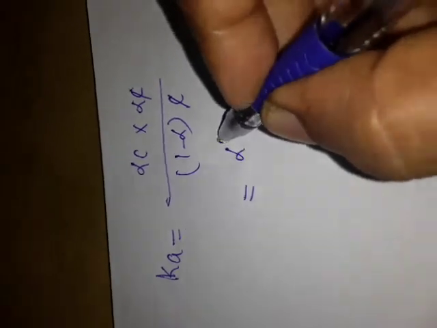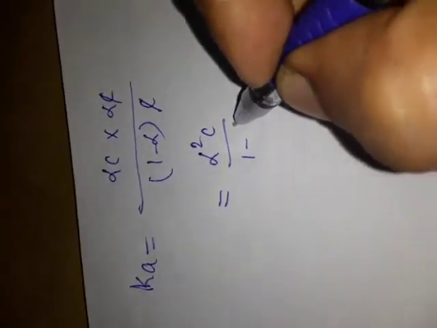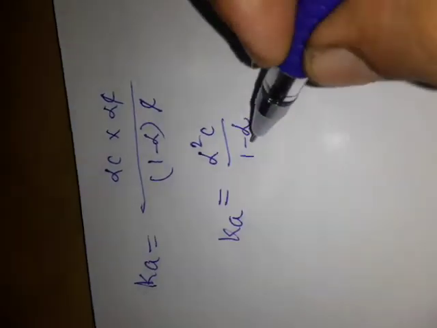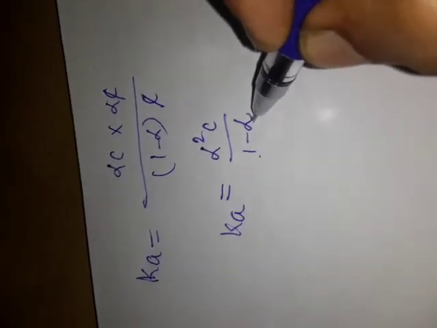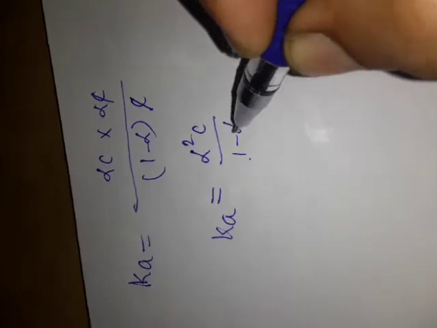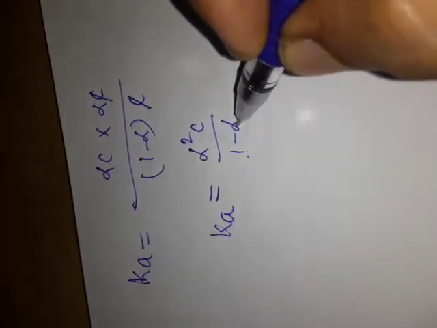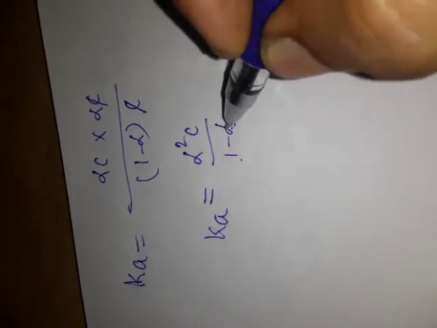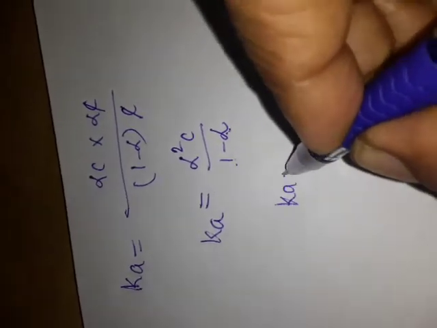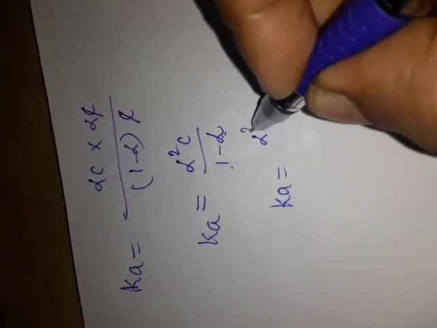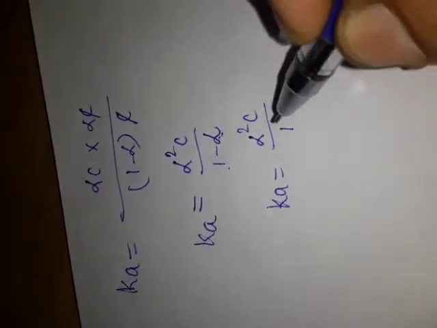Therefore Ka is alpha square C by 1 minus alpha. Compared to 1, alpha is so small, hence in the denominator we can write Ka is equal to alpha square C by 1.